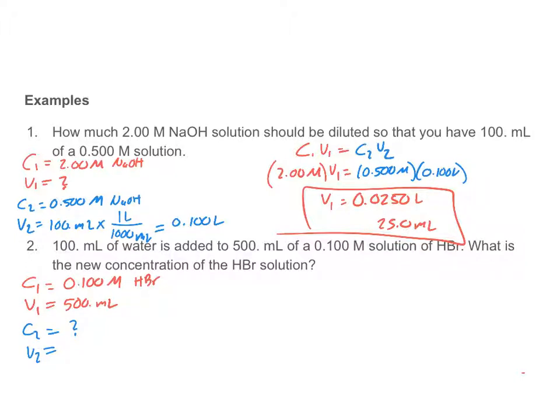I have to remember that adding 100 milliliters is going to be 500 milliliters plus 100 milliliters to give me 600 milliliters. So my final solution is going to have a volume of 600 milliliters, so I have to be aware of that. I'm going to change that to liters right away, and I'm going to change my 500 milliliters to liters right away.